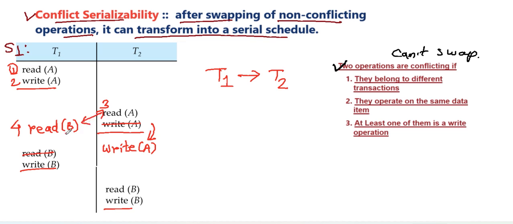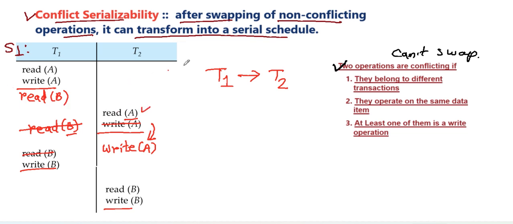Both are read operations, and they also operate on different variables, read B and read A, so obviously we can swap them. So read B goes up, and read A goes down.